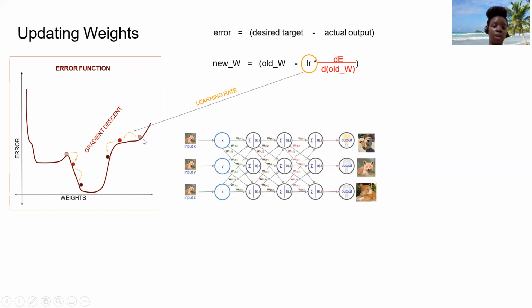That would be bad for our network. What we want is to not stop at a local minima, but update the weight until we get to the global minima.